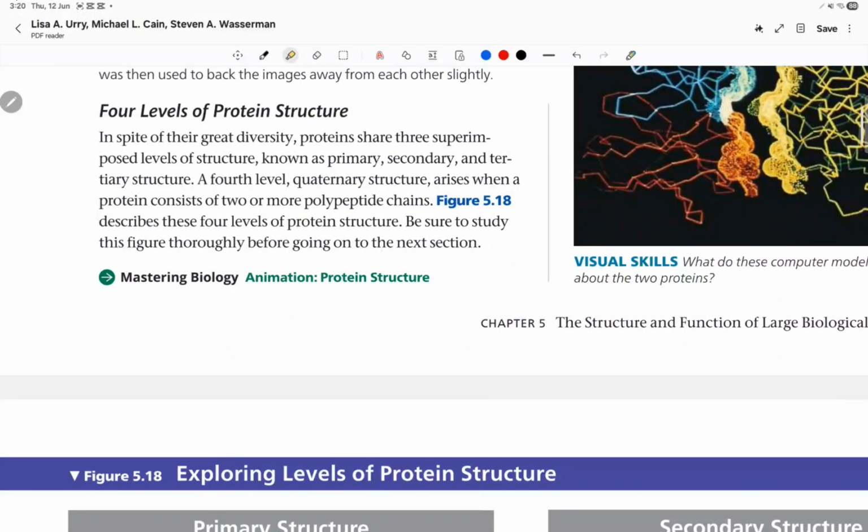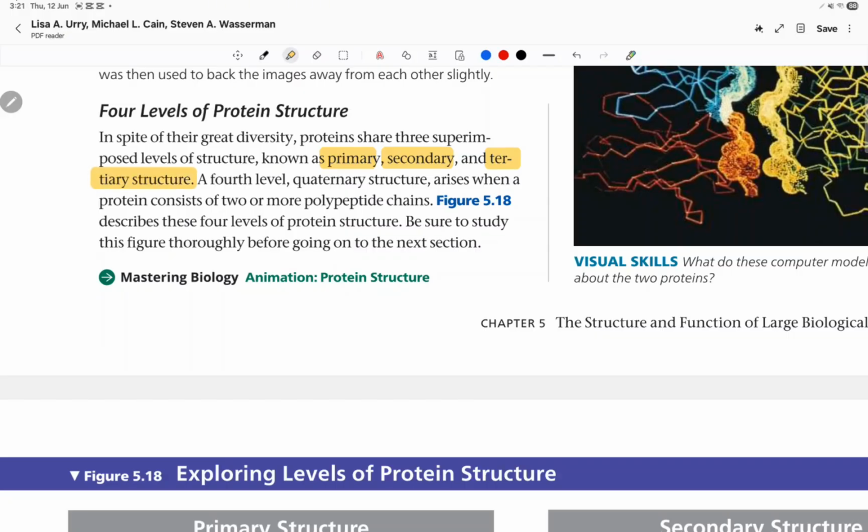A protein structure is made of 4 different levels. But most proteins only have 3 levels. Only some proteins require a 4th level. So primary, secondary, tertiary, all proteins must have those.